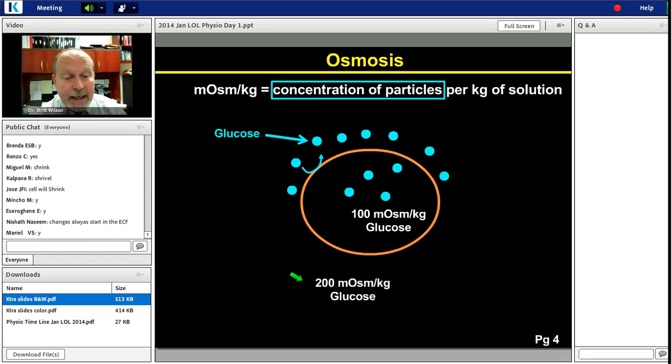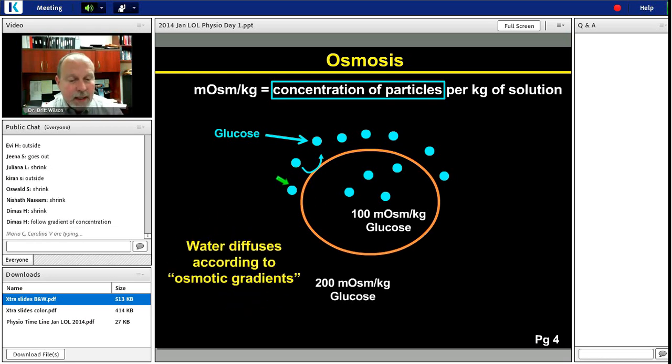Now, if glucose can't cross, which way is water going to go? What's going to happen to that cell? Water's going to move out of the cell, which will make it shrink. So I'll get a net transfer of water from inside to outside. Why? Because the water concentration is less outside because I have more solute.